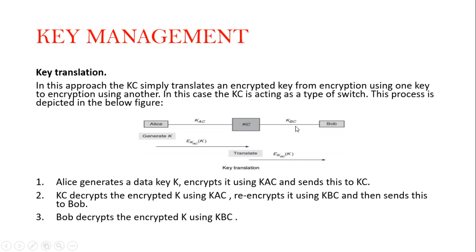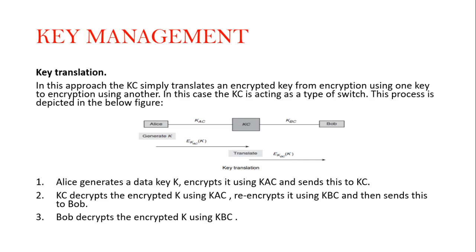It is a very simple concept. Bob and Alice share their master keys with the key center, and after that the key is encrypted using KAC, that is Alice's key. Similarly, Bob's key will also be encrypted; that is what you can call key translation.